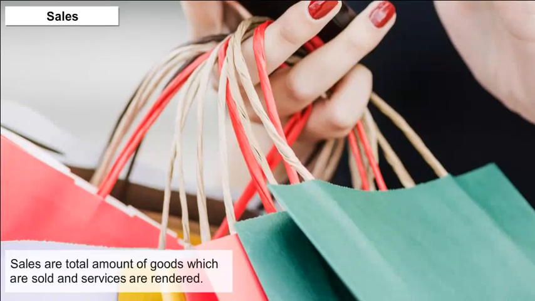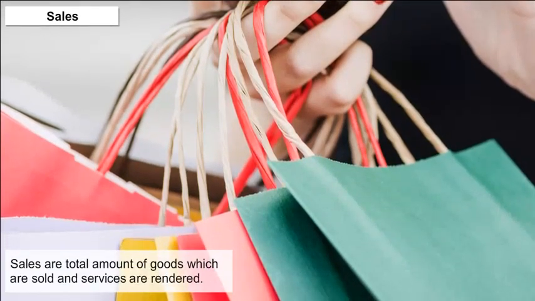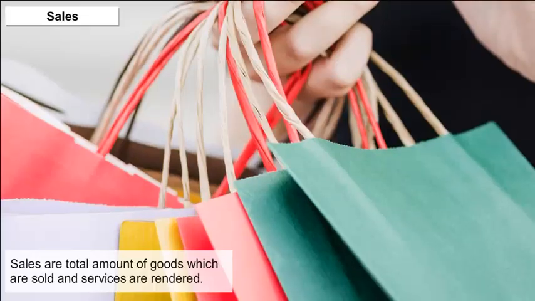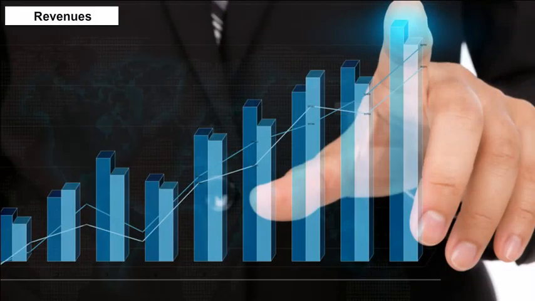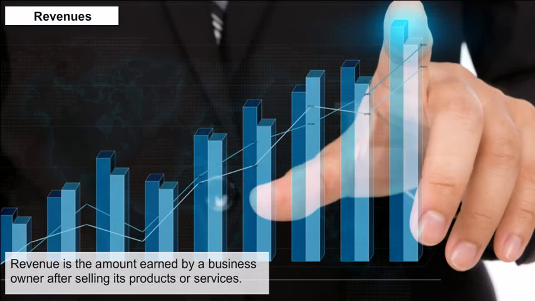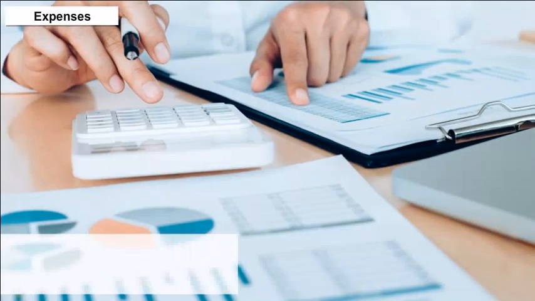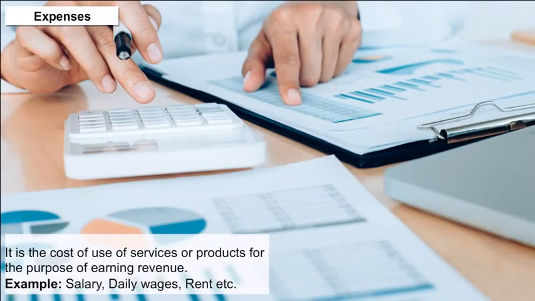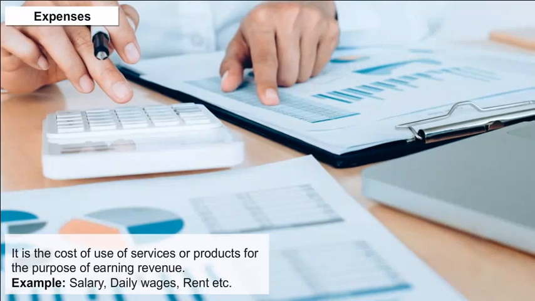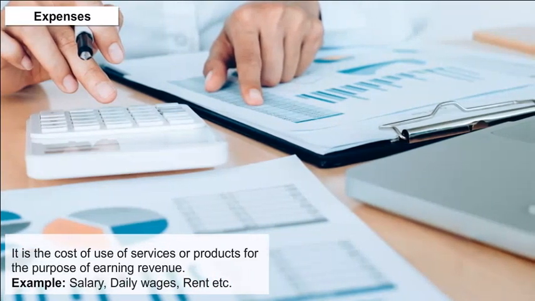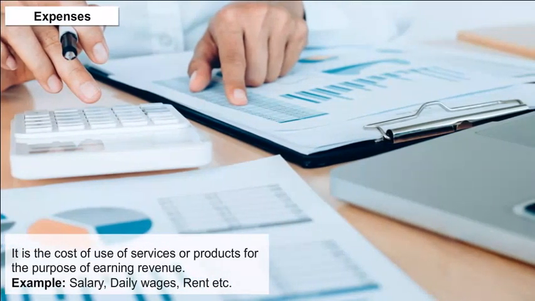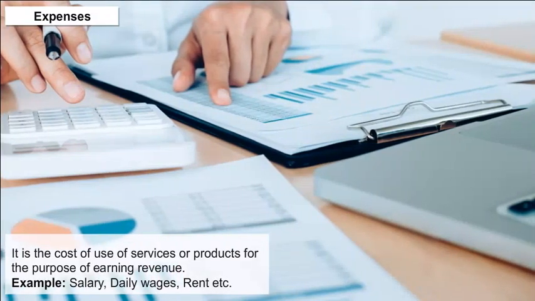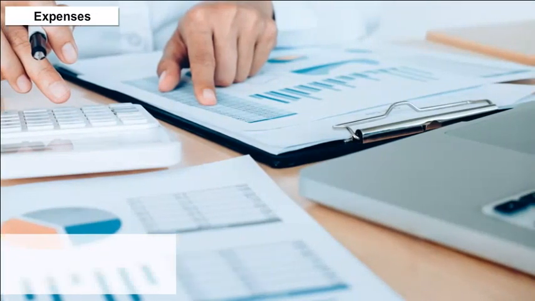Sales are the total amount of goods which are sold and services rendered. Revenues. Revenue is the amount earned by a business owner after selling its products or services. Expenses. It is the cost of use of services or products for the purpose of earning revenues. Example, salary, daily wages, rent, etc.